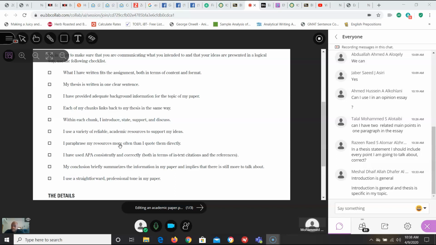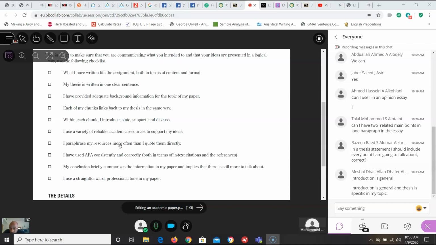Okay, next one. So let's talk about that a little bit more. This is the formatting source that we use, whether it's APA, MLA, Vancouver, whatever it is. And it basically tells you how to structure your paper, where the margins would be, where the headings are. It tells you and explains all that to you.